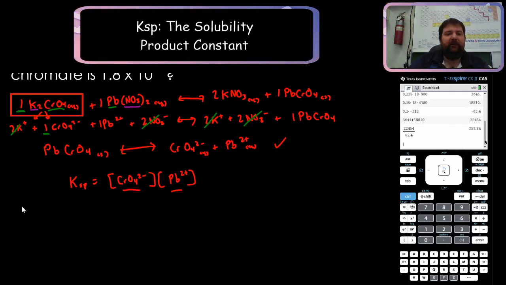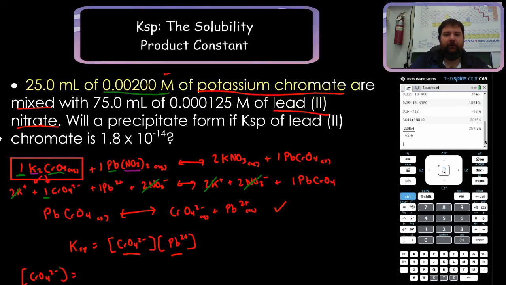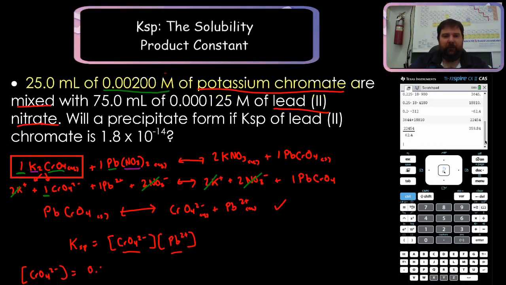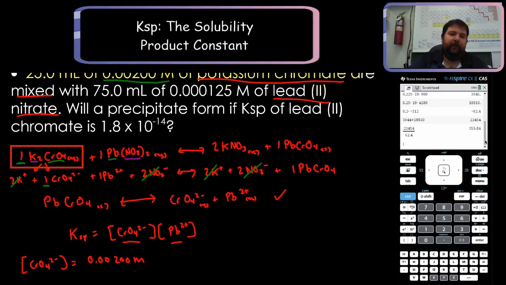With a little bit of stoichiometry, you know that the initial concentration of chromate was 0.00200 molarity.